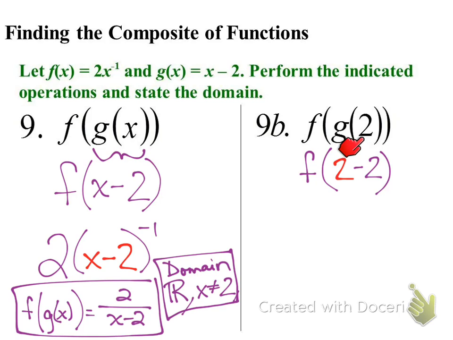So this 2 that I'm plugging in replaces the x. And now I'm going to plug 0 into f's function. So 2 times, wait a second, a negative 1 power means you're going to have 2 over 0. Undefined, no solution.